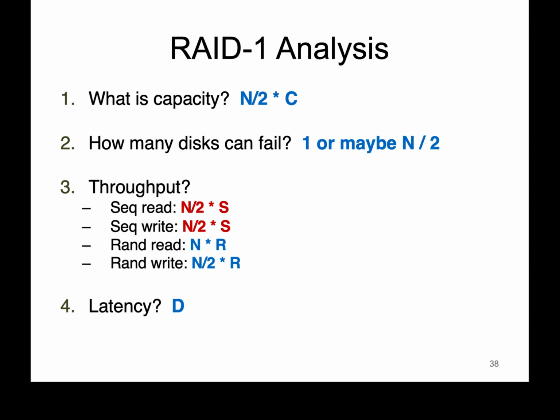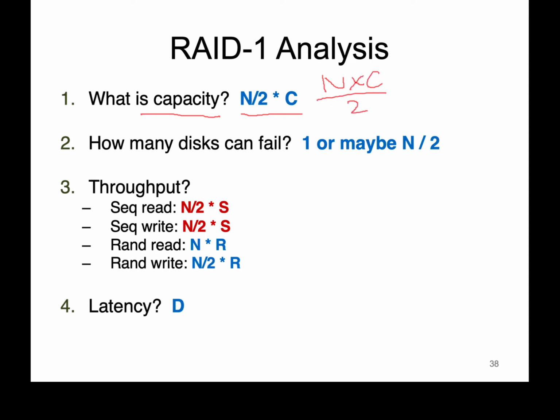So first of all, what is the capacity? Well, since it duplicates data twice, we effectively lose half of its capacity for storing more data. So that is why it has a decreasing factor of 2. That is why we divide by 2, which is basically n times c divided by 2.